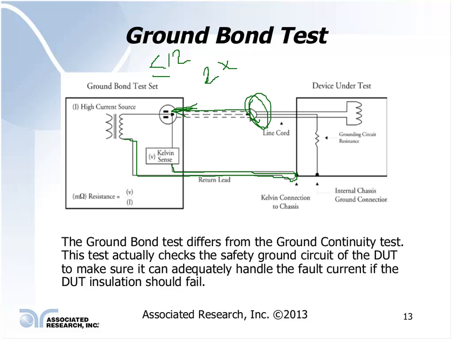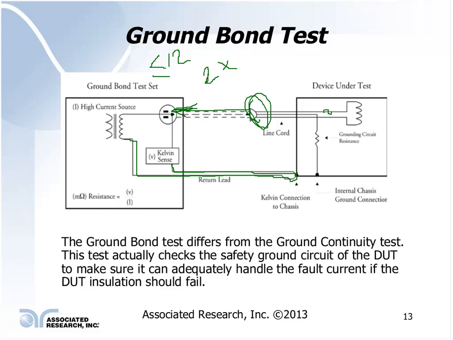Or if the product is fused, it's 2 times the fuse rating of the product itself, okay? If it's not fused and you're relying on the fuse or circuit breaker of the circuit that your product is plugged into for the protection, then it's 2 times the attachment plug capacity.